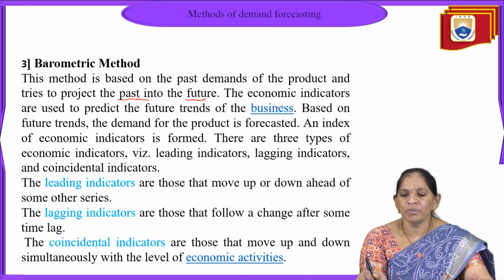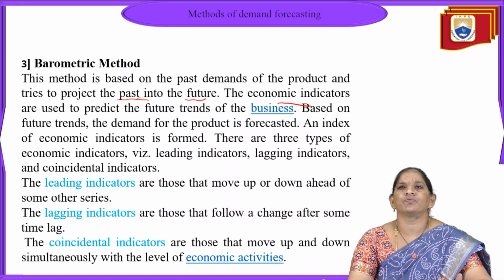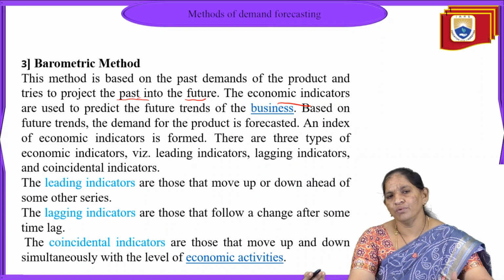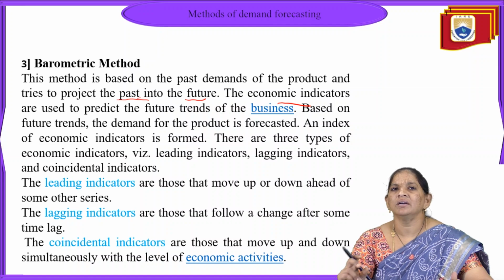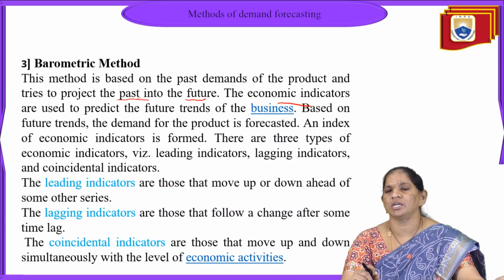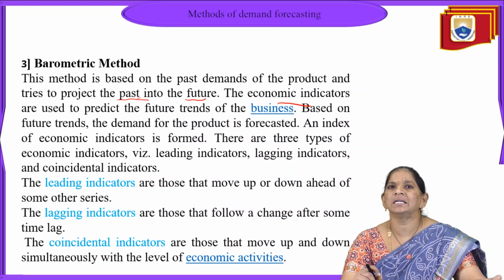Economic indicators are used to predict the future trends of the business. When I want to forecast with the barometric method, I consider what happened in the past environment, and based upon that I go for the future analysis.